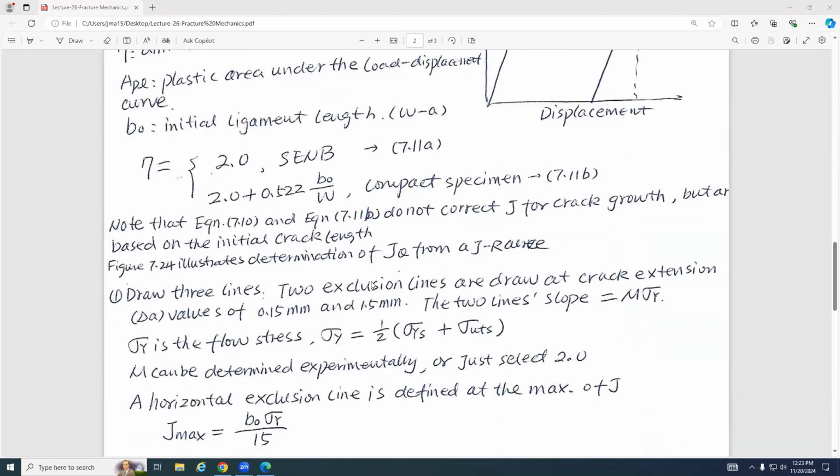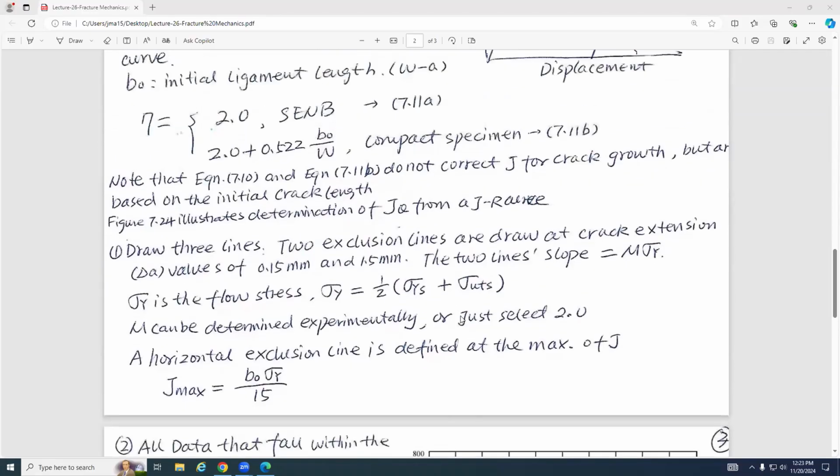As I said, if you get a job in industry or go to graduate school and are doing mechanics-related research or projects, your boss might ask you to do something with a new material, for example, to determine the JC, the critical J integral, and how to do this experimentally. If you can show your boss that, and you learned this from Dr. Ma, the boss will be very, very happy.